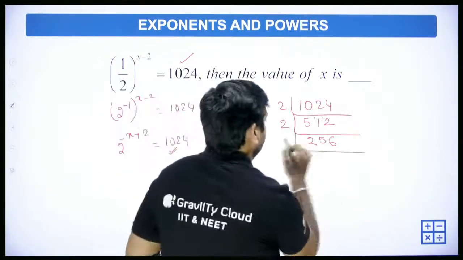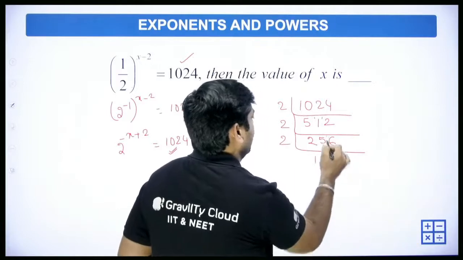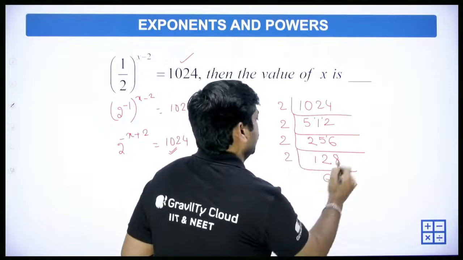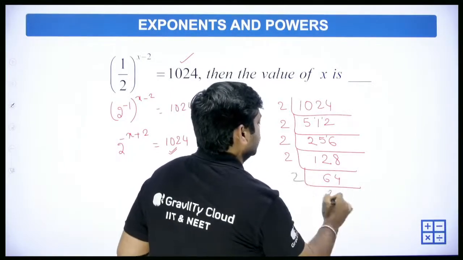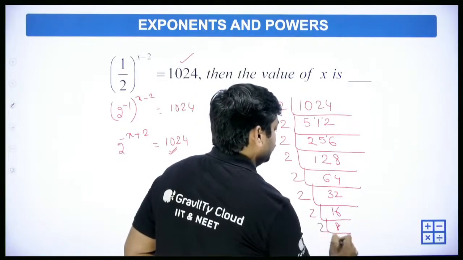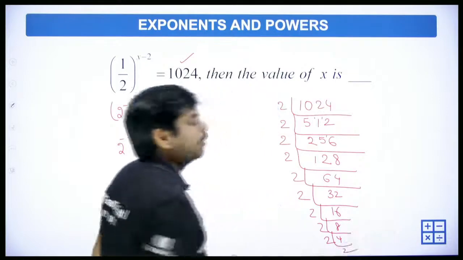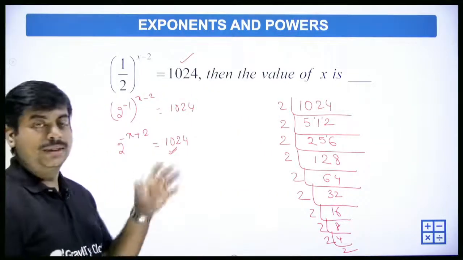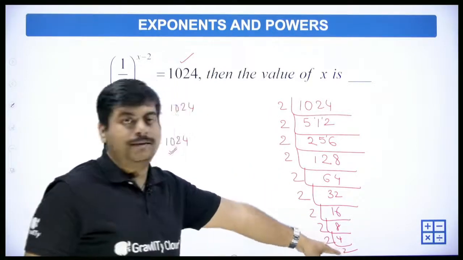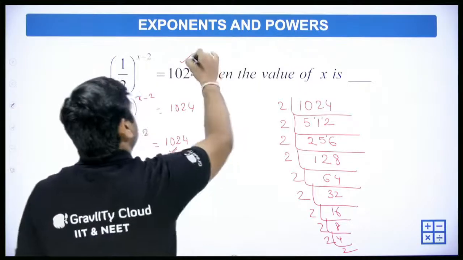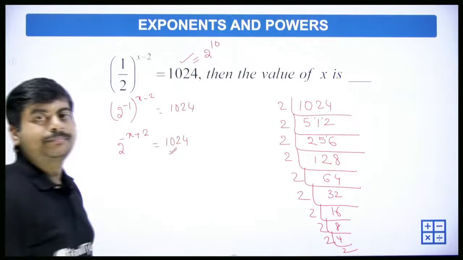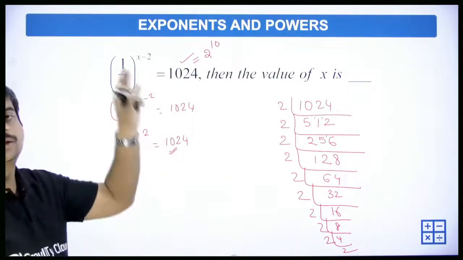Once again, 2 ones, 2 twos are 4, 2 fours are 8, so 128, 64, 32, 16, 8, 4 and 2. So now tell me, how many 2s are there? 1, 2, 3, 4, 5, 6, 7, 8, 9, 10. So 1024 is nothing but 2 multiplied 10 times, which is 2 power 10, right?